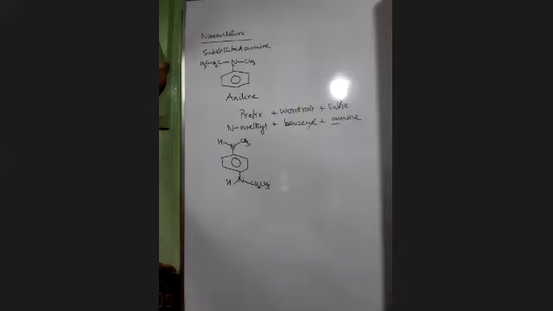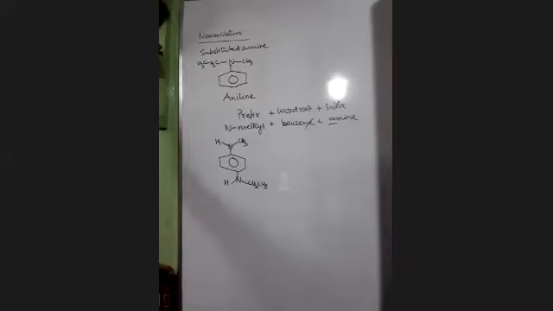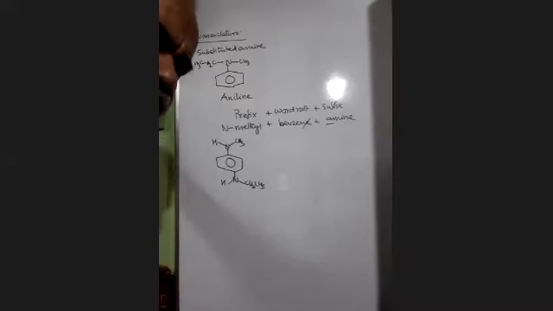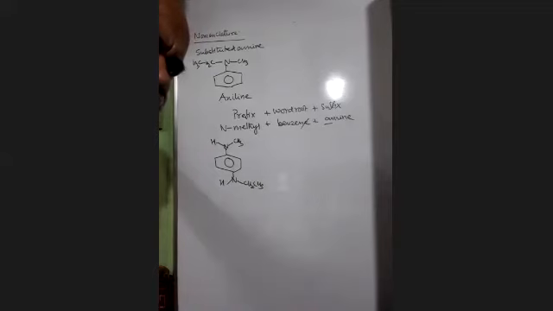Finished? See, now these groups are on different nitrogen. So tell me, what do you write? N-ethyl, N-methyl, benzenamine. They are on two different nitrogen, so it should be N-ethyl, N prime.